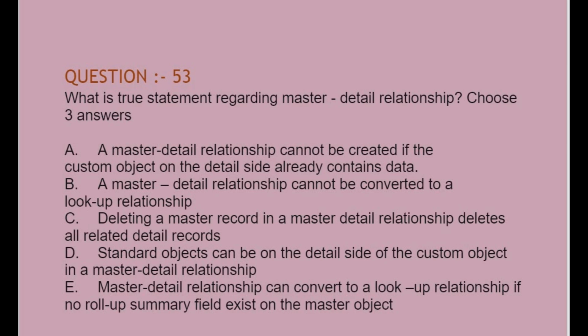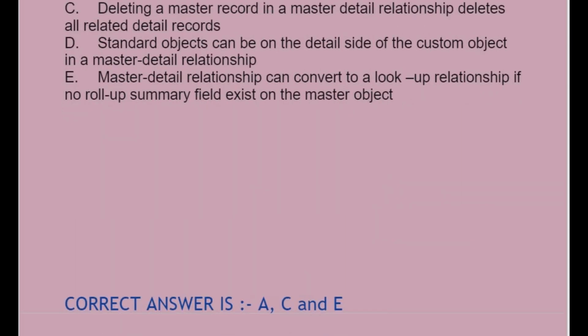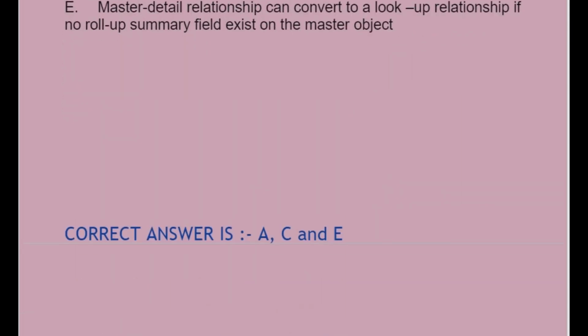Option D, standard objects can be on the detail side of the custom object in a master detail relationship. Option E, master detail relationship can convert to a lookup relationship if no roll-up summary field exists on the master object. Correct answer is option A, C and option E.